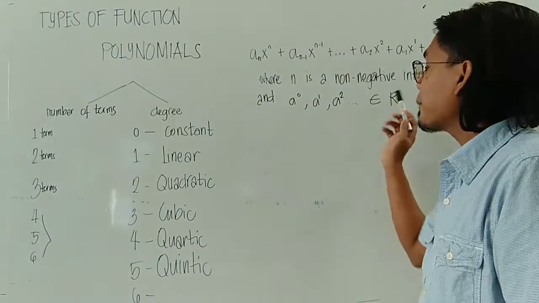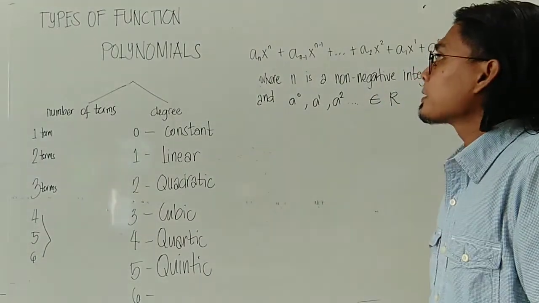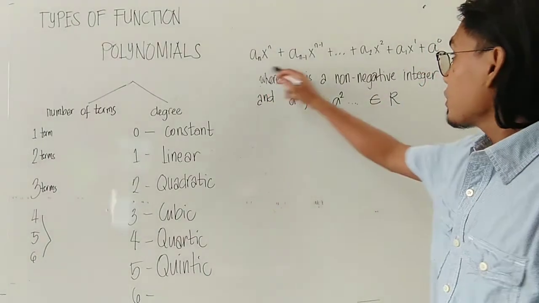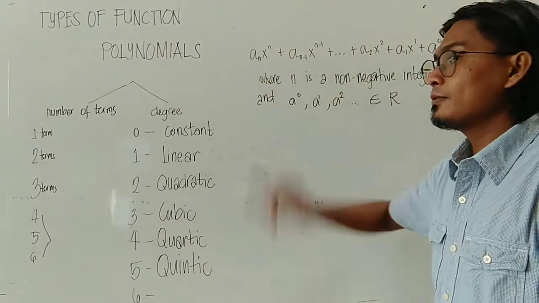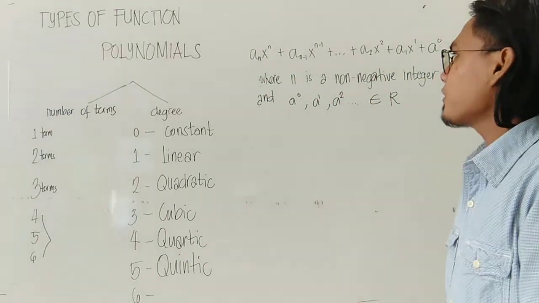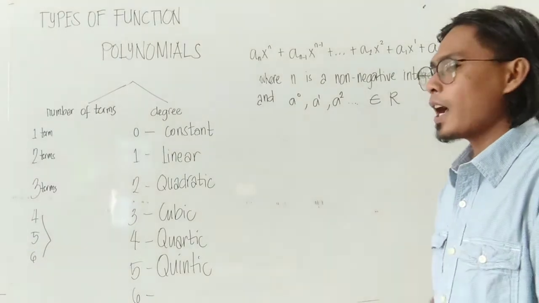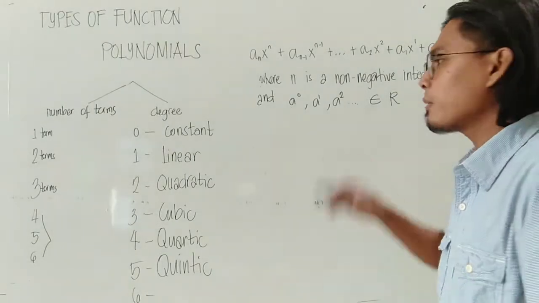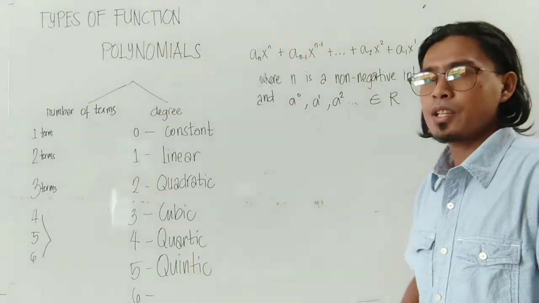To tell you, this form is in descending order. So let's go to an actual example of a polynomial to understand it better.